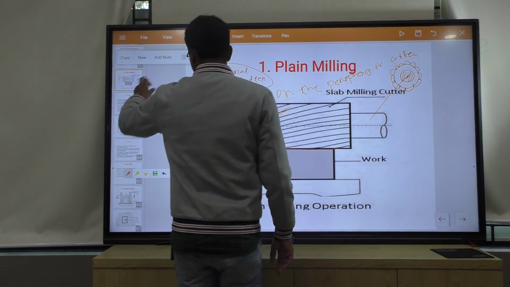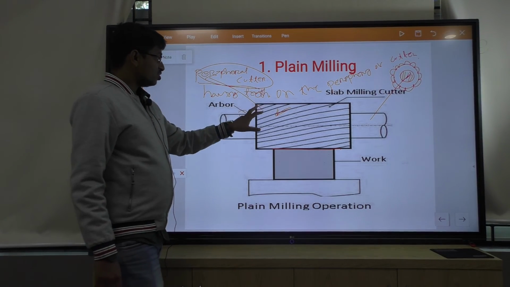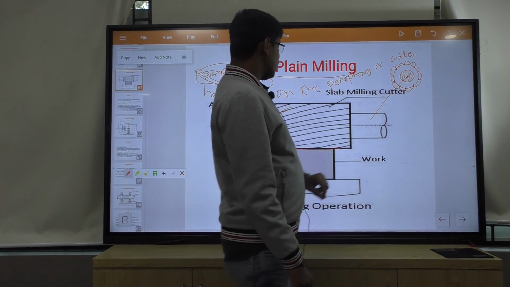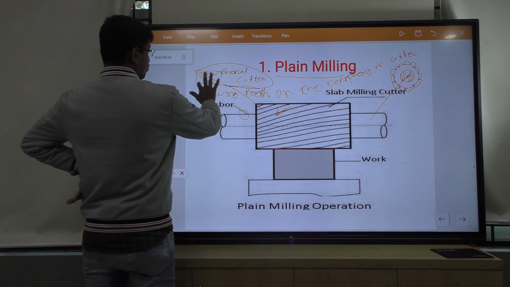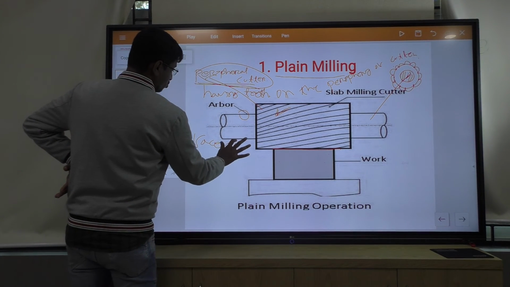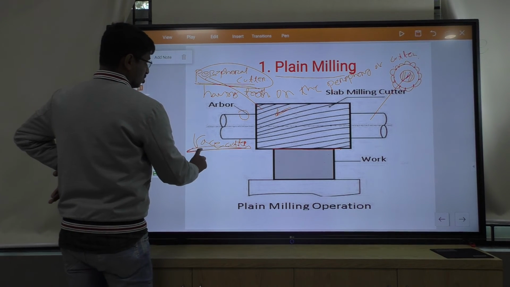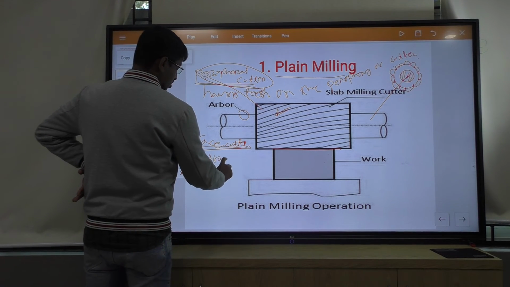This is called plain milling, and if we use a face cutter, this is called face milling.